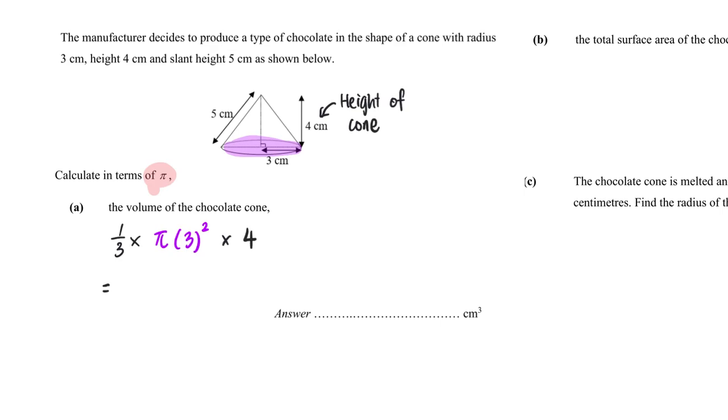So this gives me a value of, when I key in, do take note, I only key in to my calculator 1/3 times 3 square times 4. Okay, 12 pi. So the answer is 12 pi in terms of pi. That's what we meant by in terms of pi.